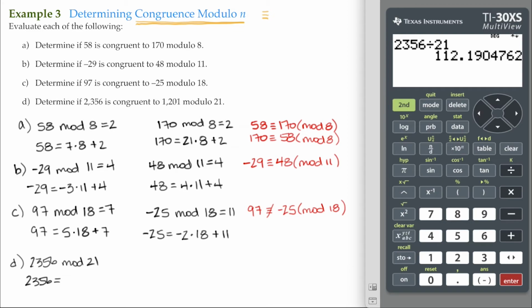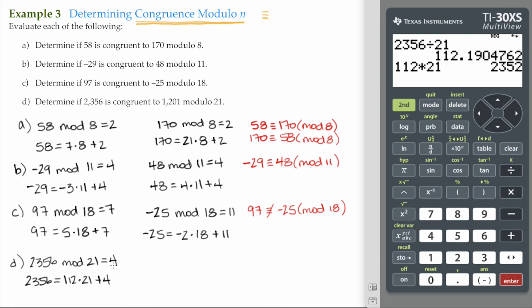That's 112. 112 times 21, that's 2,352. So then our remainder is 4.